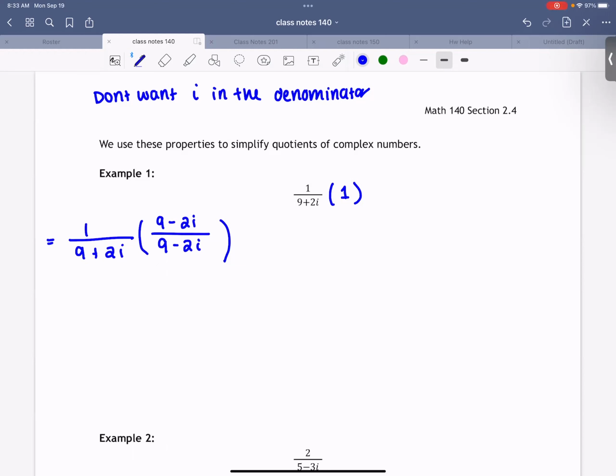We all agree that's 1, right? Perfect. Now, I'm going to show a couple extra steps just because my brain needs them. Let me multiply the numerators and the denominators. So we get 1 times 9 minus 2i, and in the denominator, we have 9 plus 2i times 9 minus 2i.